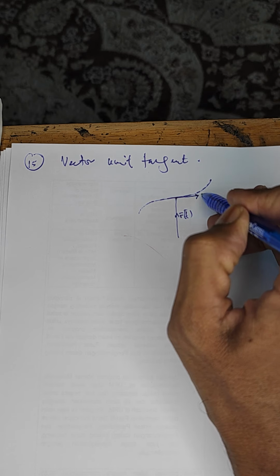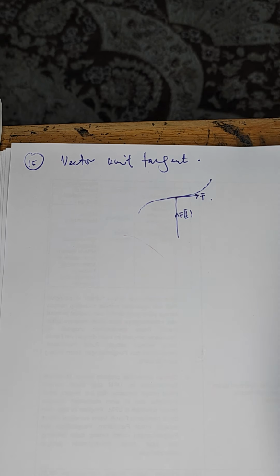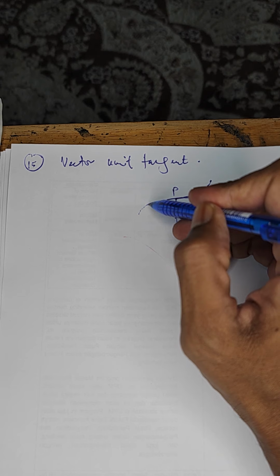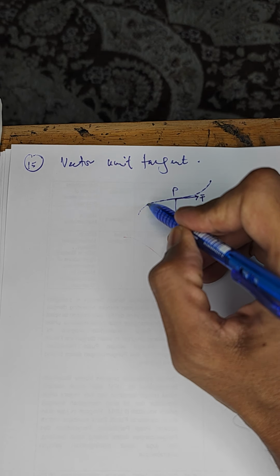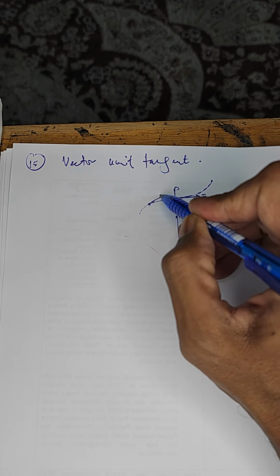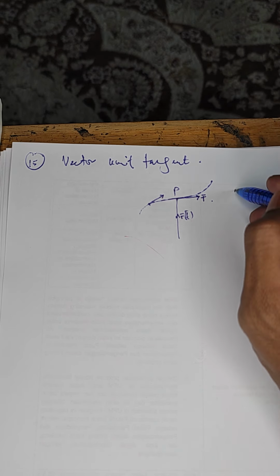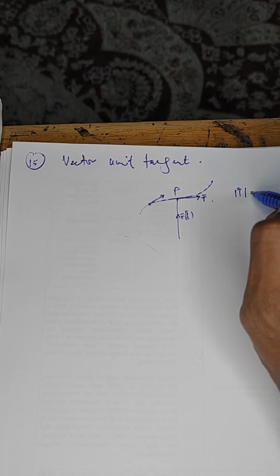This is what we call the vector unit tangent, at a particular point P. We call it unit tangent because the magnitude of T is 1.